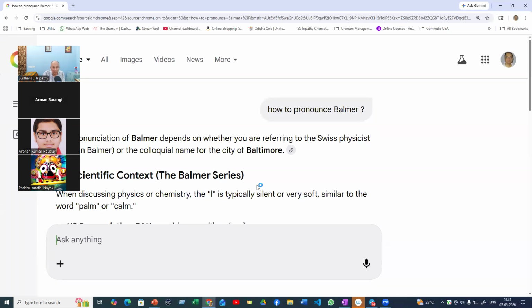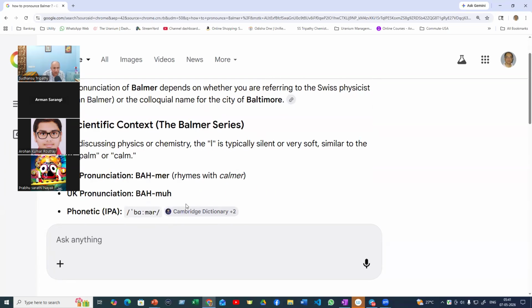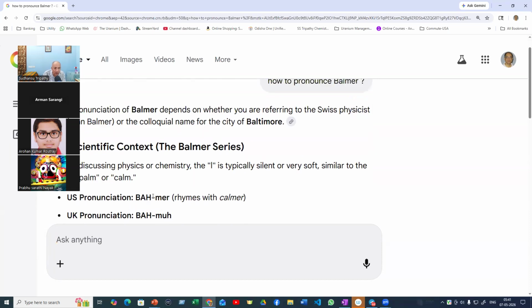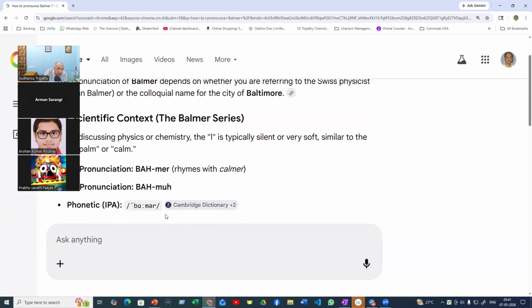So, yes, Balmer series. The L is silent. US pronunciation is Balmer, and UK pronounces it differently. Okay, we say Balmer series.